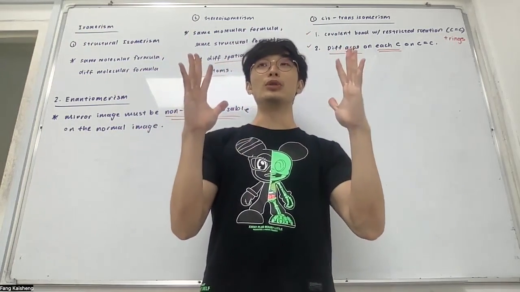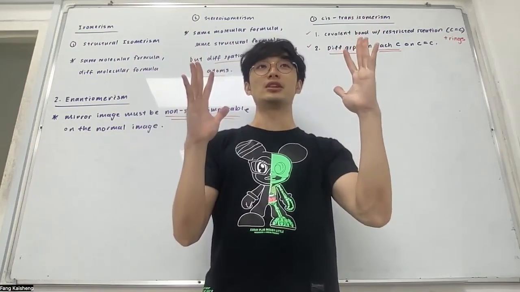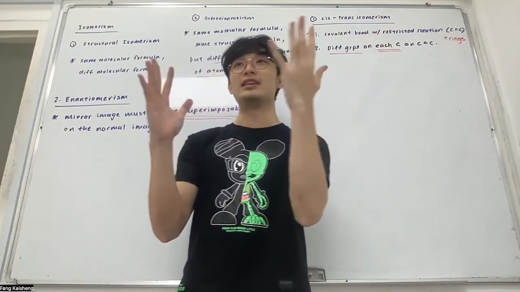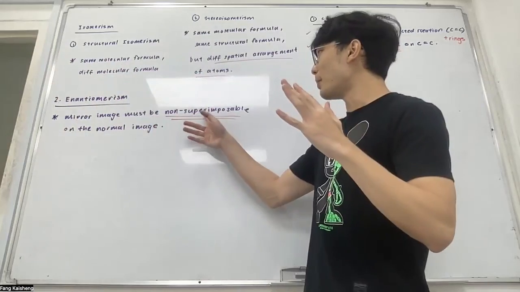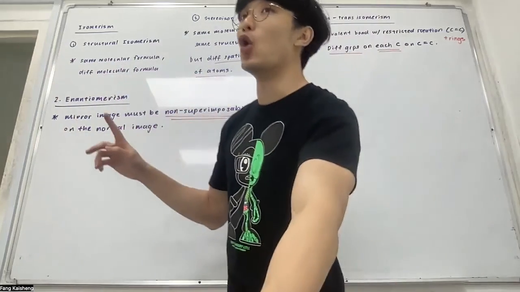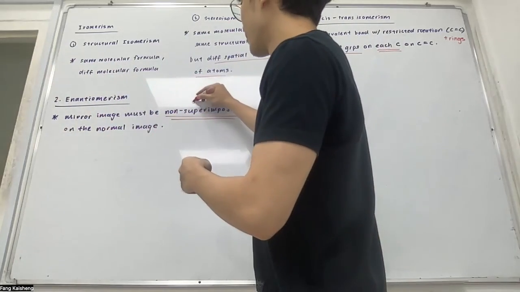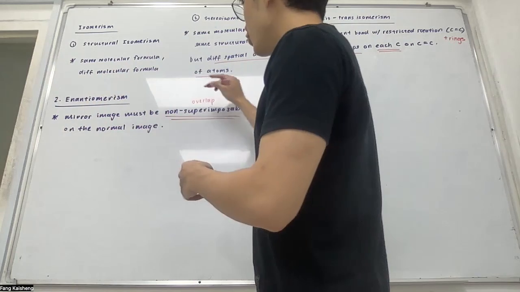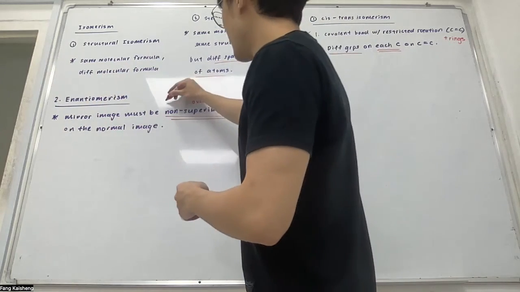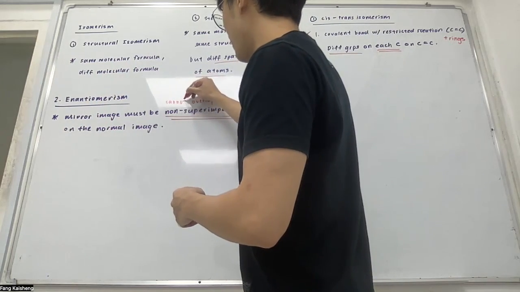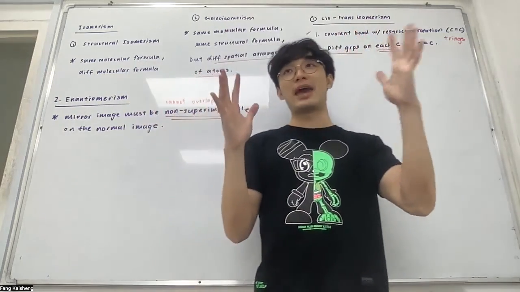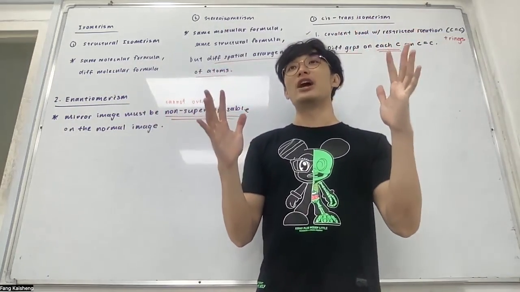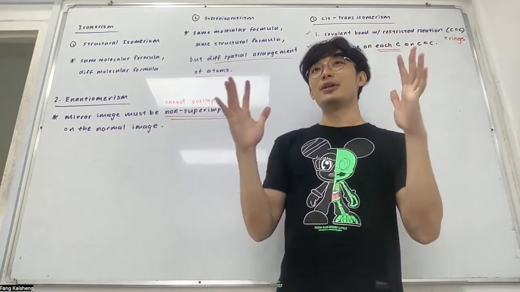Okay, so what I'm going to do now is take the mirror image, imagine I can pull that into reality, and try to overlap them with one another. Superimpose just means overlap. Non-superimposable means cannot overlap. Can my hand and its mirror image overlap?